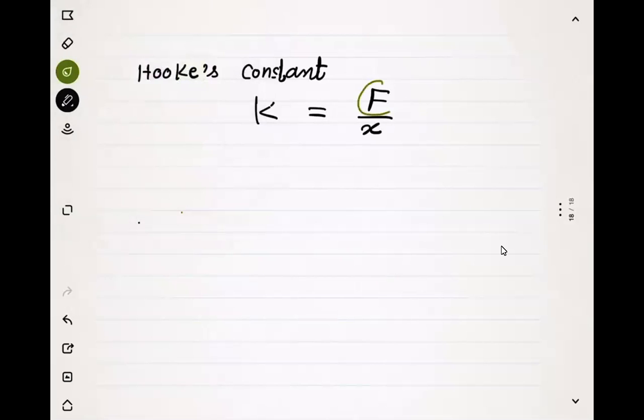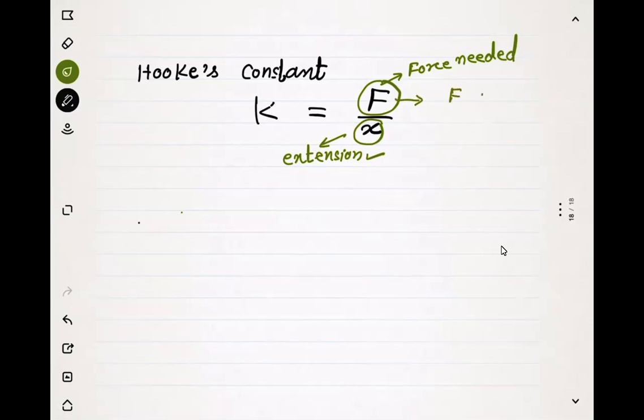Because F is the force needed to extend an object by 1 meter, and x is how much extension you will achieve. How much force is needed to extend an object by 1 meter? It depends on the area of the object. Thicker objects extend less.